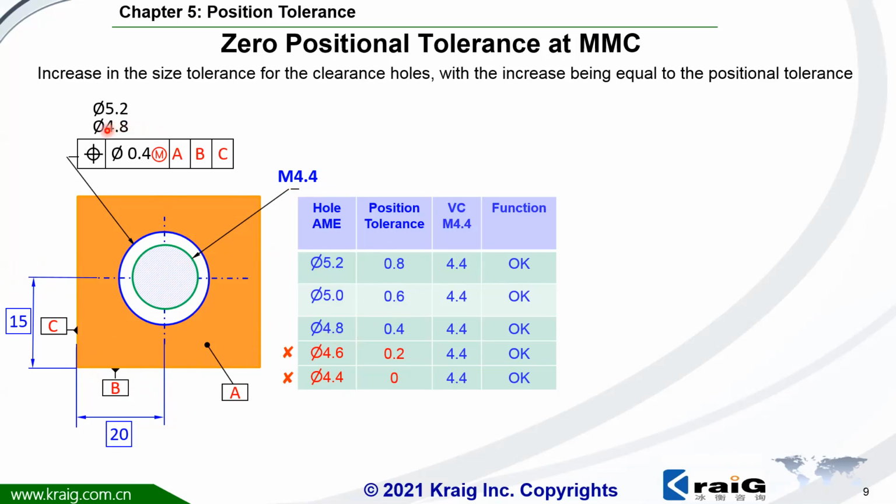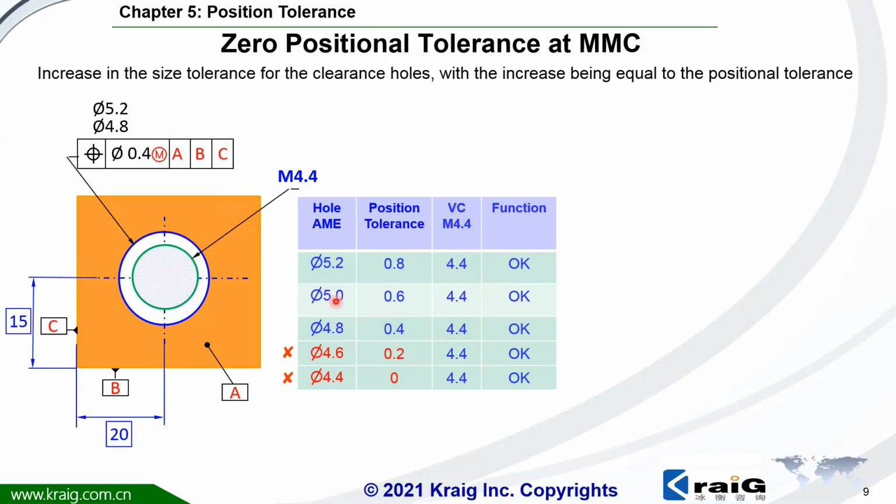If the hole size is 4.8, it's the worst situation, the minimum hole. In this case, there's no bonus. The position tolerance is 0.4, and the 4.4 function is okay for both. Or we can say the virtual condition boundary is 4.4, which will enable this threaded bolt to be mounted inside.